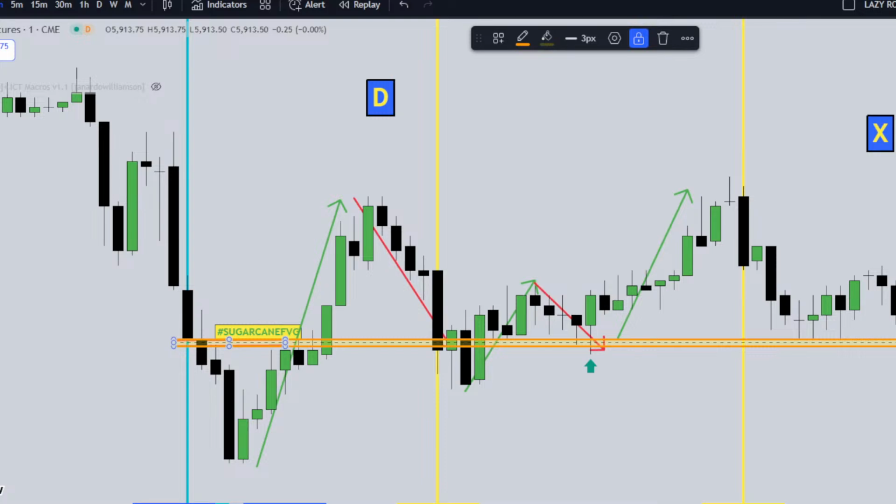Where's my drawing tool? Our wicks are something like this. This wick right here means that price started here, went down, came back up, and then when it came back up, it went so far, even back above the start, right? It went all the way back up, came a little bit back down. And that translation of the price movement, because that's all this is telling you, is that this candle ends up equaling, man, that's big.